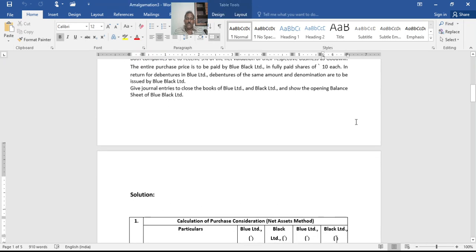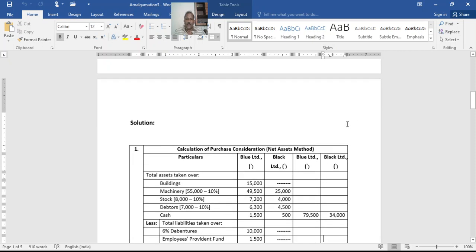Now, by going through this problem, you can understand that two companies close their business and form a new company called Blue Black Limited. And in any case of amalgamation, absorption or reconstruction, first you have to calculate the purchase consideration.